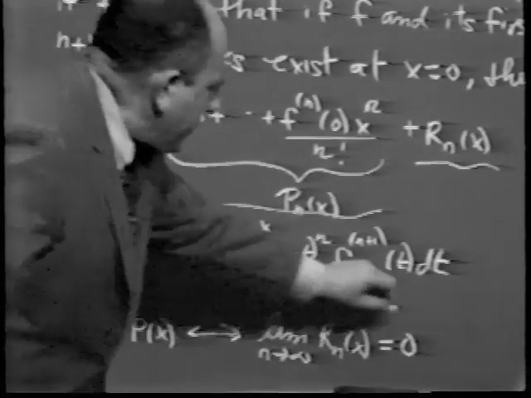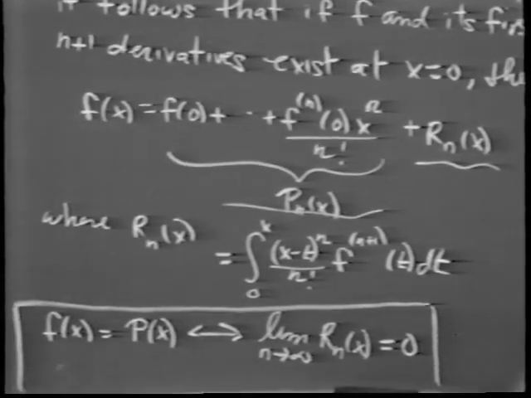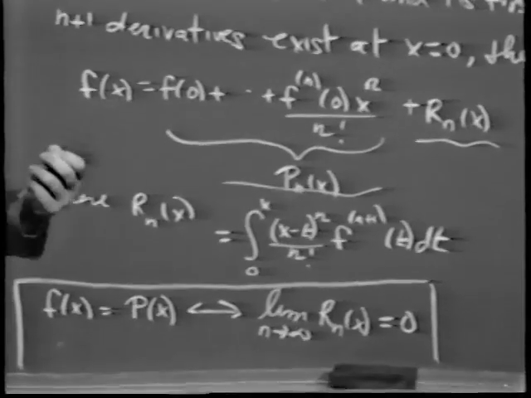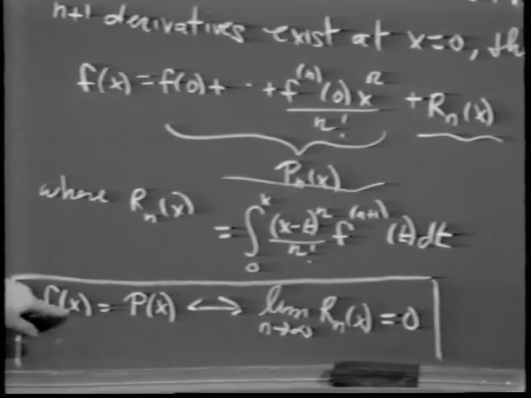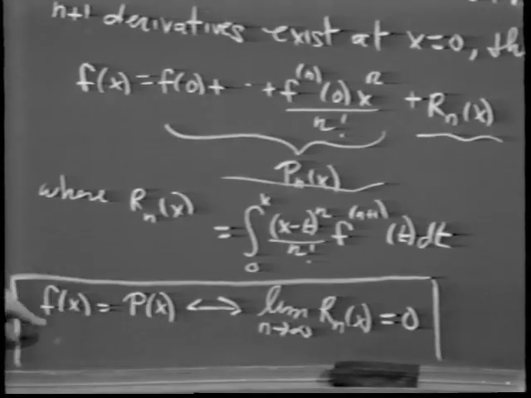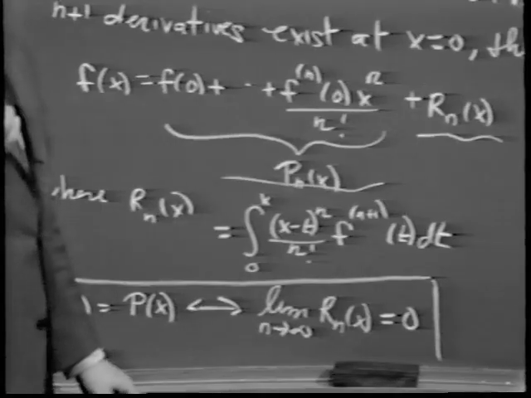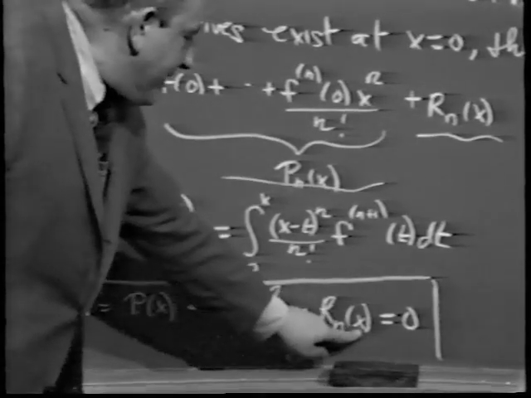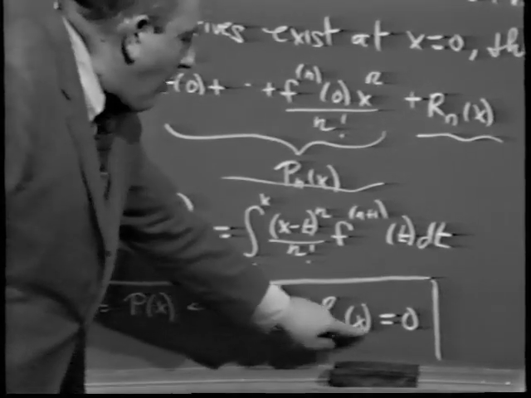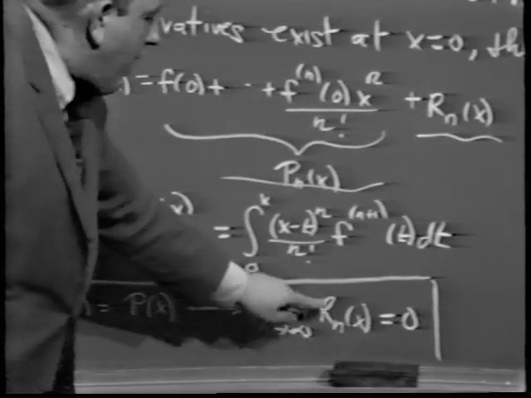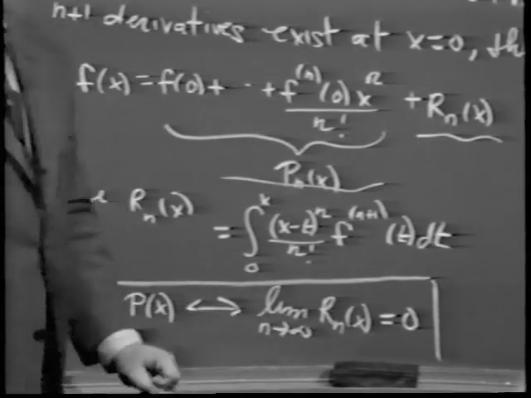In other words, leaving the computational details to the text because it does it very nicely, what we're saying is that the significance of Taylor's remainder theorem is that to find out where f of x and p of x are identical, we simply, I say simply meaning conceptually simply, computationally it might be difficult, what we do computationally is simply find all those values of x for which r sub n of x goes to 0 in the limit as n goes to infinity.